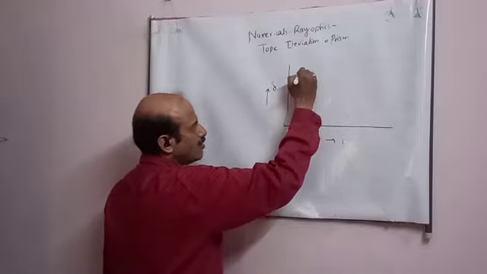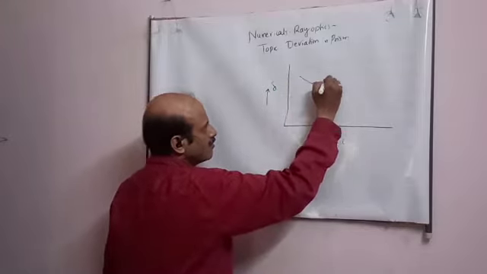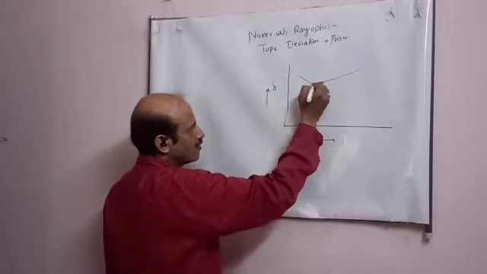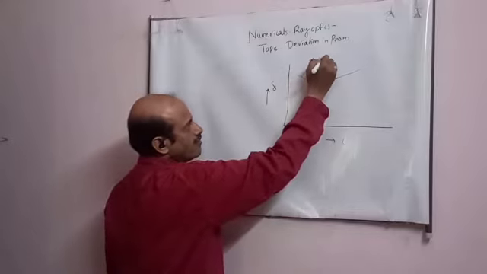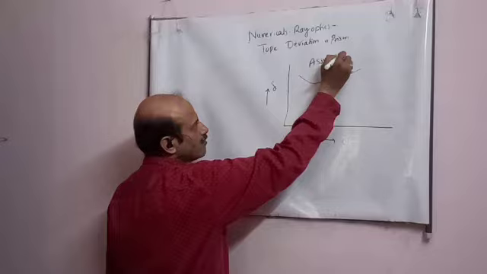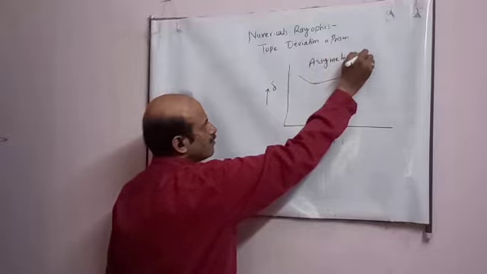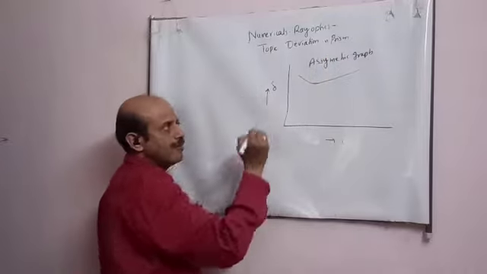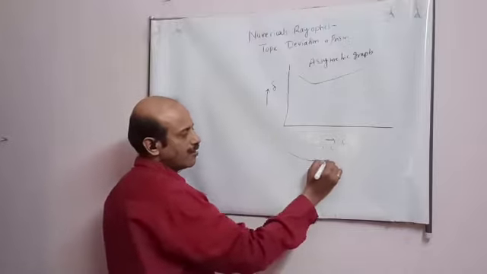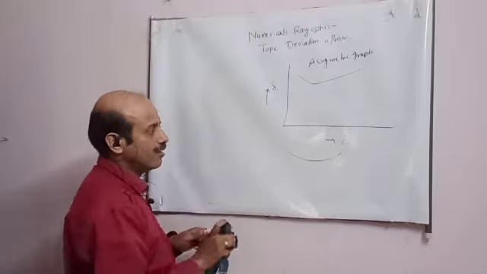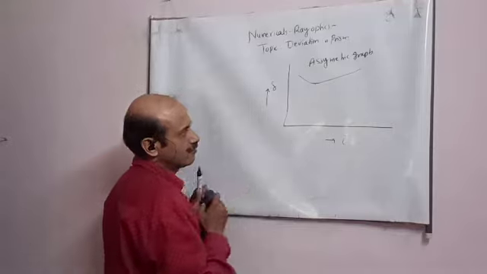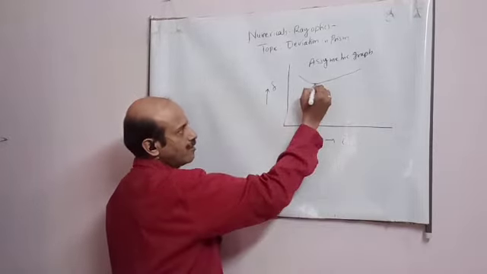The graph is somewhat like this, student. This is an asymmetric graph, student. This you have to remember. In some book by mistake they have drawn like this. It is wrong. The graph is asymmetric. This is the minimum position, student.